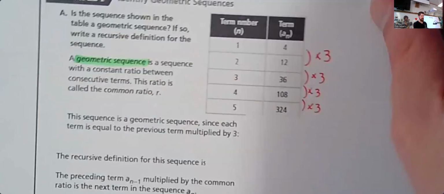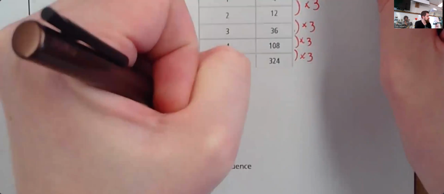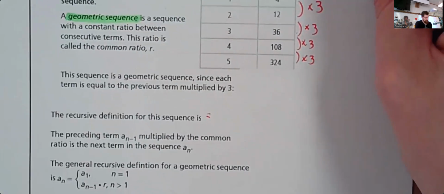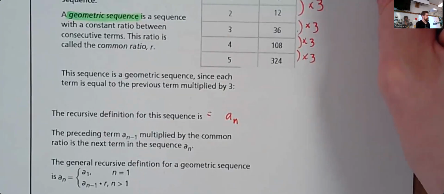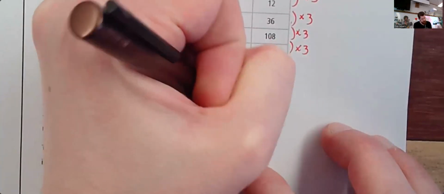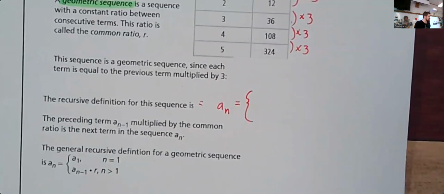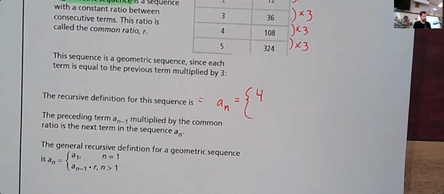So with our recursive definition, we're going to write this. Head back up here. We're going to say equals. We're going to write A sub n, any term in this sequence can be found with our beginning value of A sub 1, which is 4, the first term in the sequence.